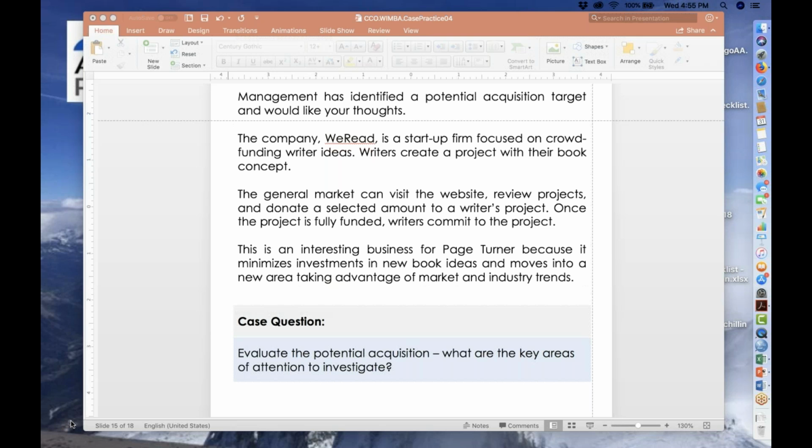The second box or category is We Read, the new company. Trying to understand that company, maybe number of books or number of projects that are successful based on their model. Awards to number of books published ratio, again, another metric to define success rate. And what is their core customer demographic and is there any overlap?